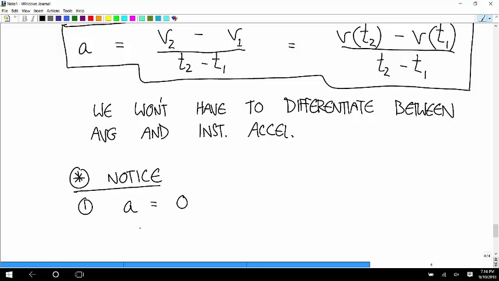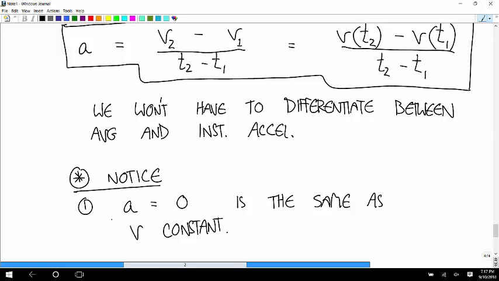So the only way you can have acceleration equals 0 is for velocity to be constant. So you can think of those two as synonyms. A problem could say acceleration is 0, or it could say velocity is constant, and in both of those cases, you know acceleration is 0.